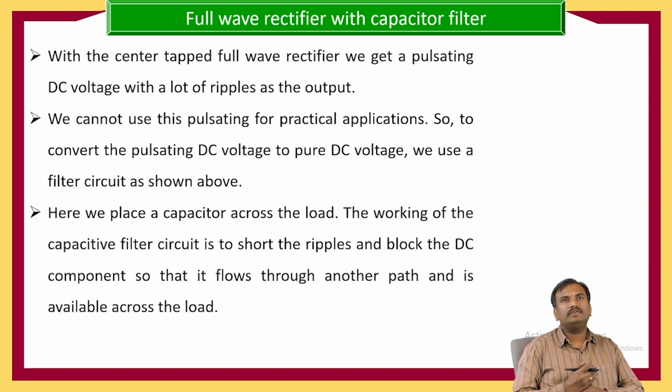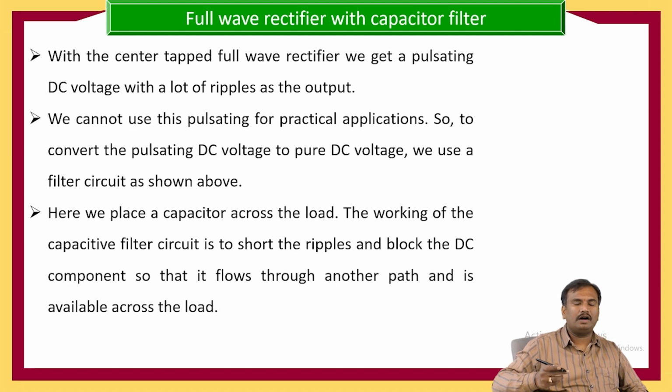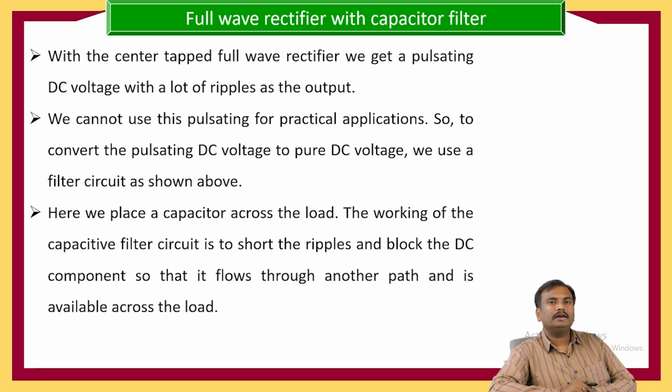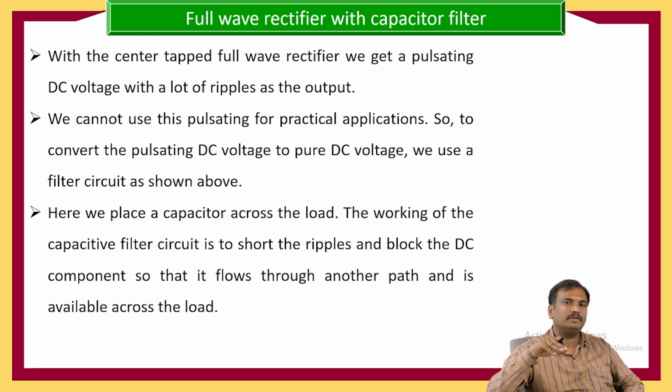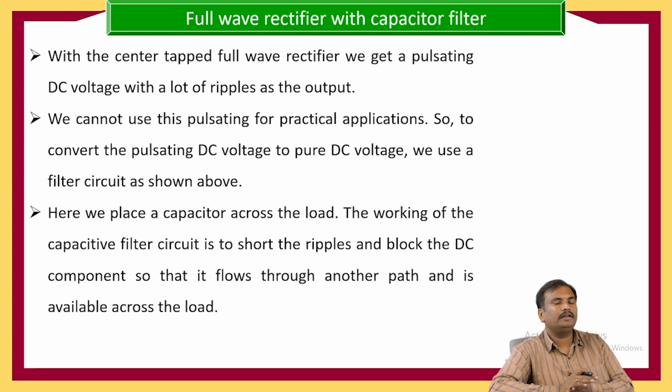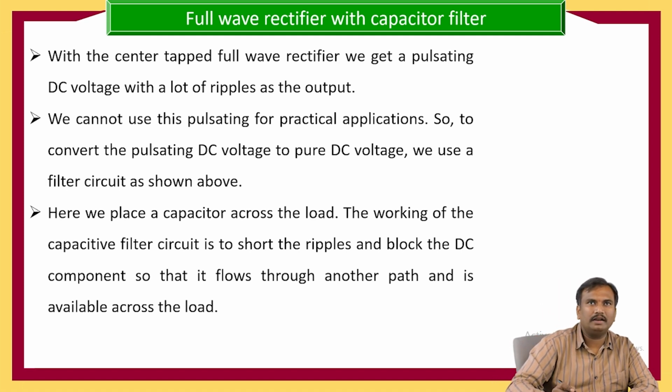The next one is the center tapped full wave rectifier. We get a pulsating DC voltage with a lot of ripples as the output. When we take any full wave rectifier, we are going to get a lot of ripples, because in the positive half cycle we get one cycle, and in the negative half cycle we get one more positive half cycle.